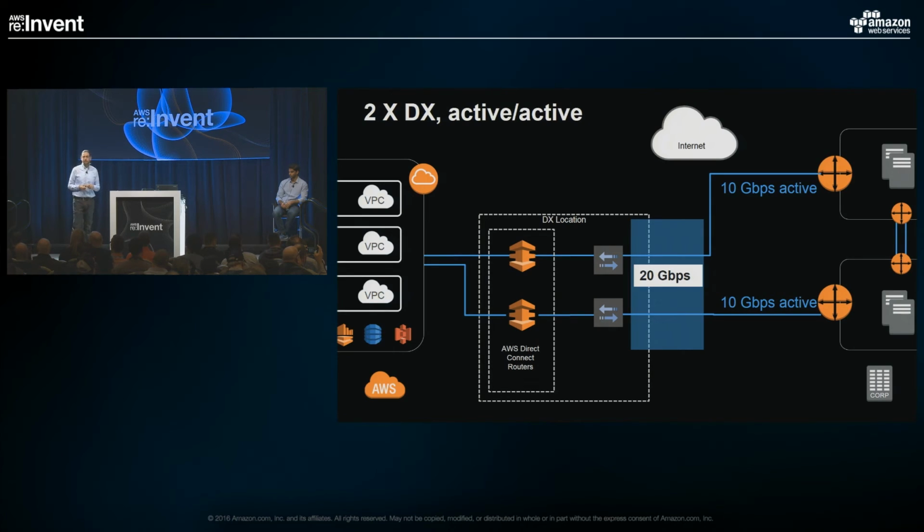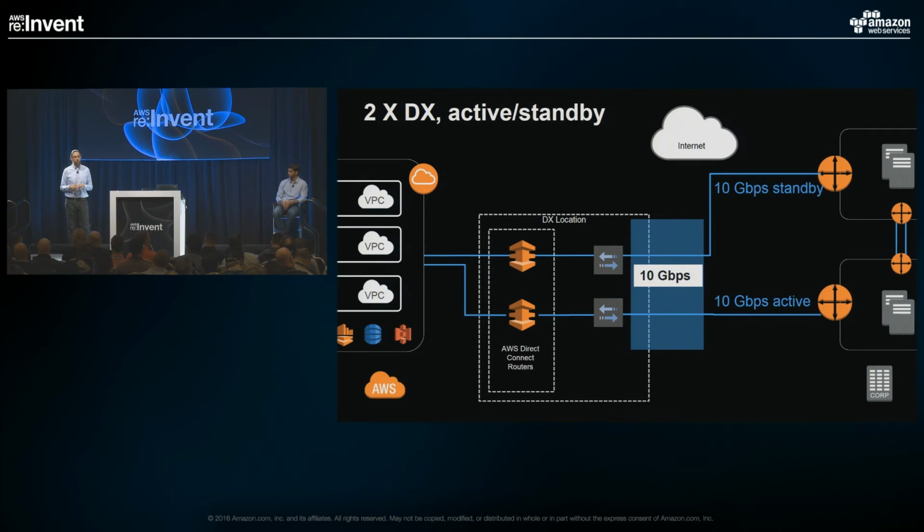As soon as we start talking about two Direct Connect ports used to access the same networks, we should mention how these are used together. By default, we will multipath between them, which means that we will attempt to use both of them at the same time in an active-active scenario. So what that means is, for example, if you order two 10-gig ports, you can effectively benefit from 20 gigabits of bandwidth.